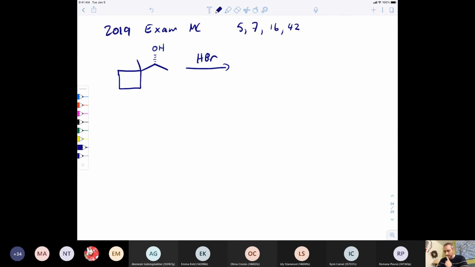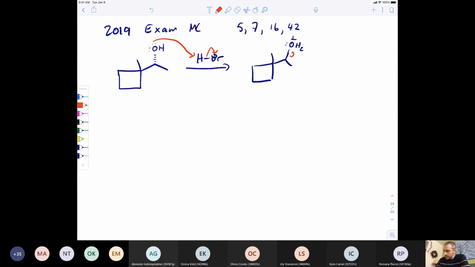So what's going to happen here is you're going to start with a proton transfer. I can just draw it like that. OH2 plus.